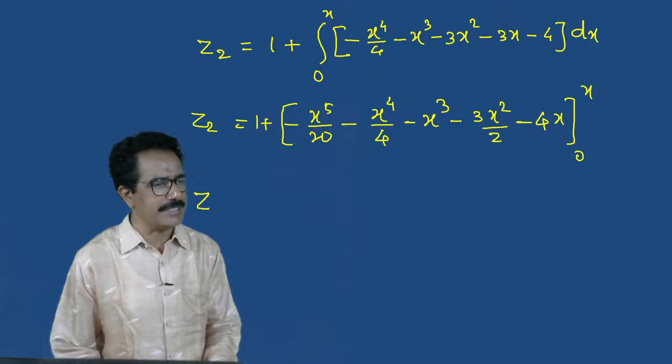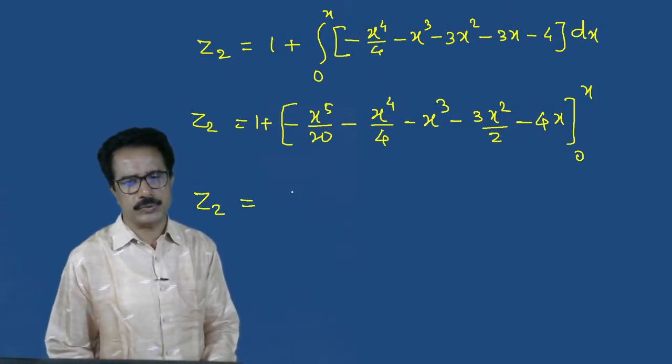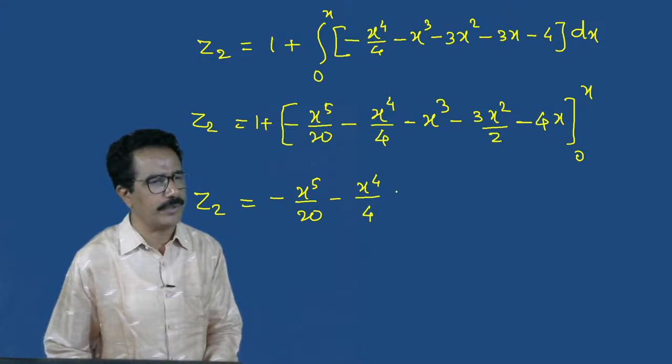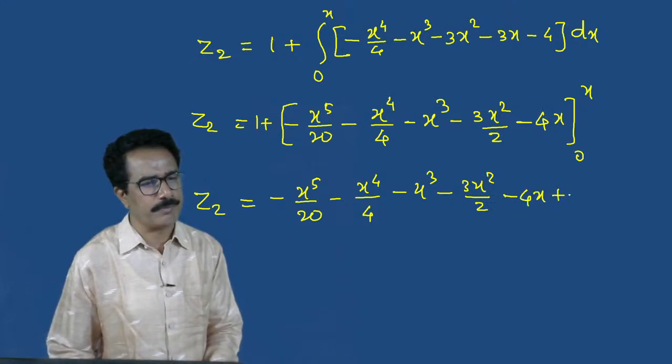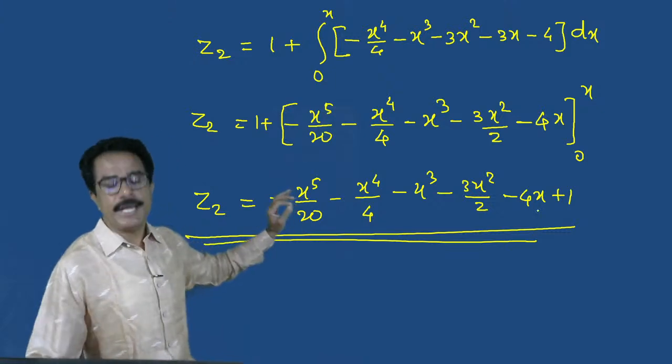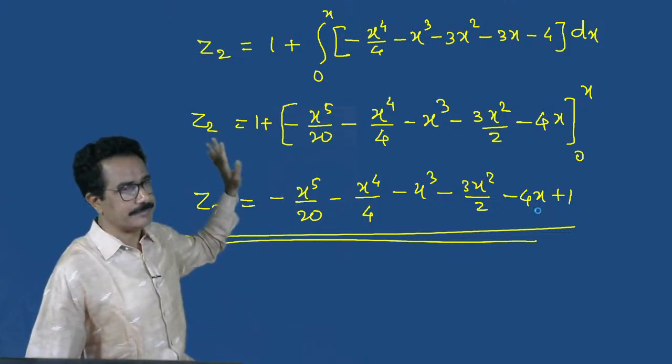So the final answer z2 is equal to minus x raised to 5 by 20 minus x raised to 4 by 4 minus x cube minus 3x square by 2 minus 4x plus 1. Thus we can obtain the second iteration.